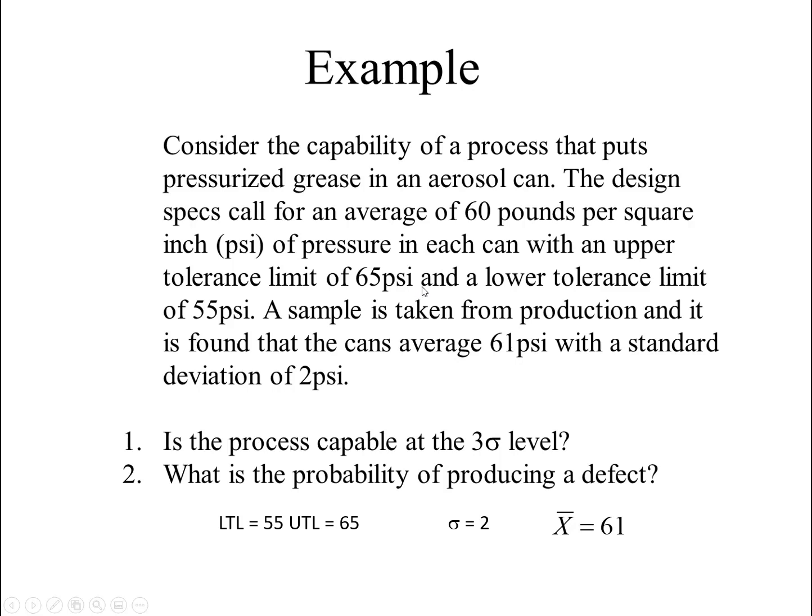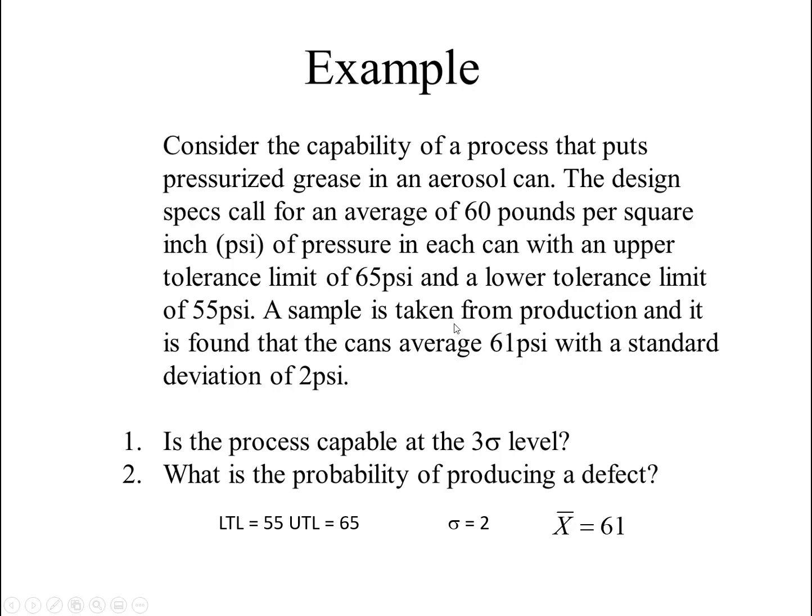In some cases you can increase the pressure, but if you go beyond 65, then maybe the can will burst. So 65 is the upper tolerance limit and 55 is the lower tolerance limit.